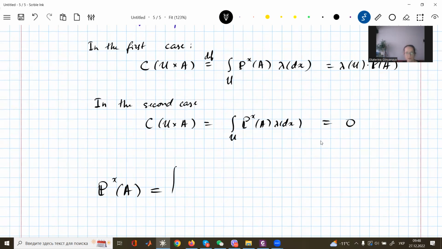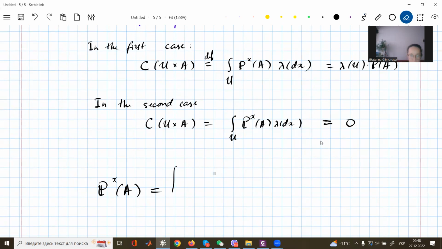So from the equality to 0, I can say that for almost all x of subset U it is 0.